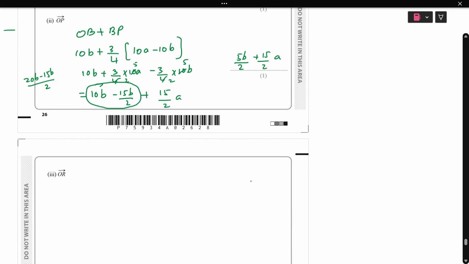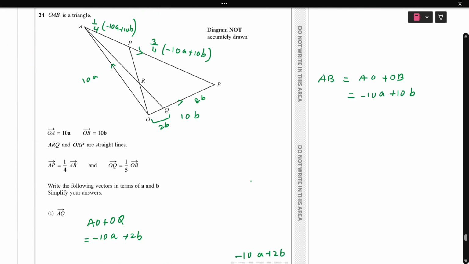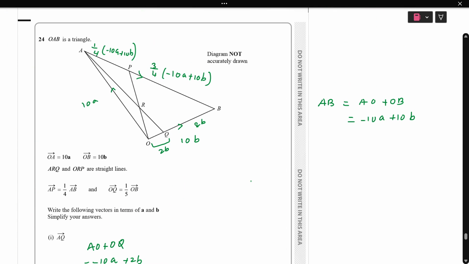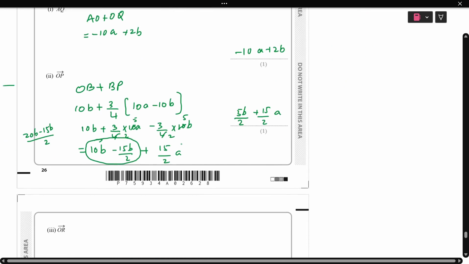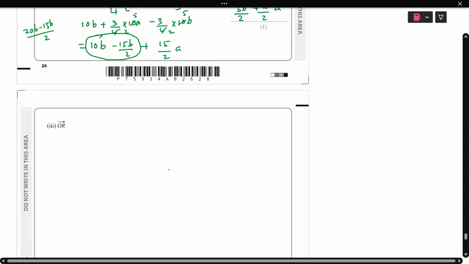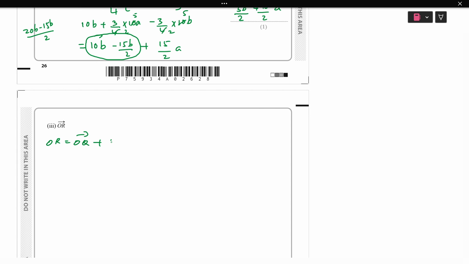Next we need to find OR. OR is going to be a ratio, so I am going to find two ORs. One is OR equal to OQ plus QR.